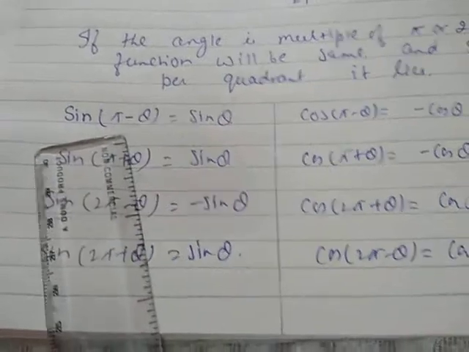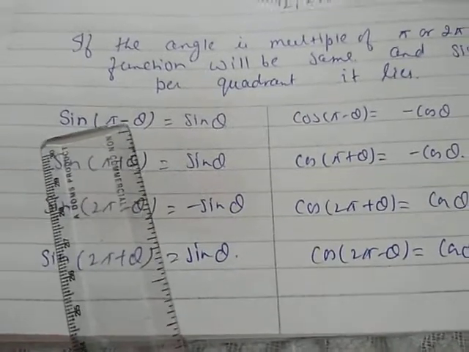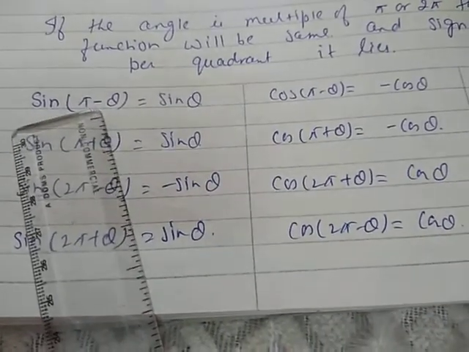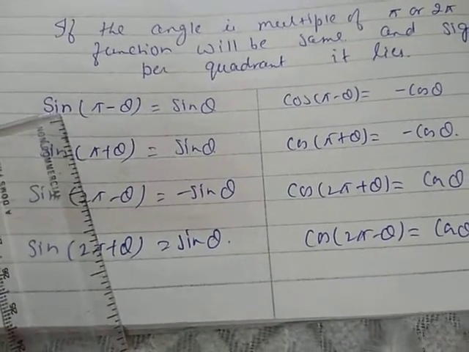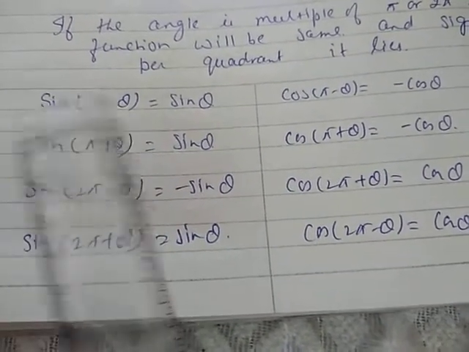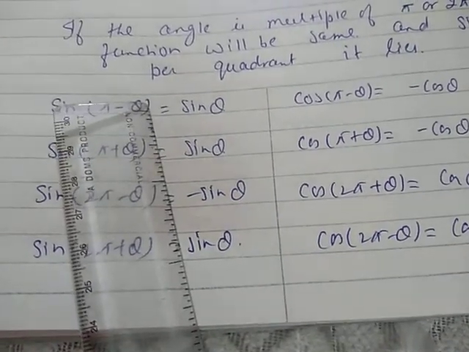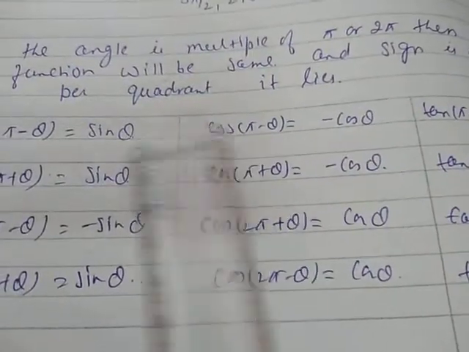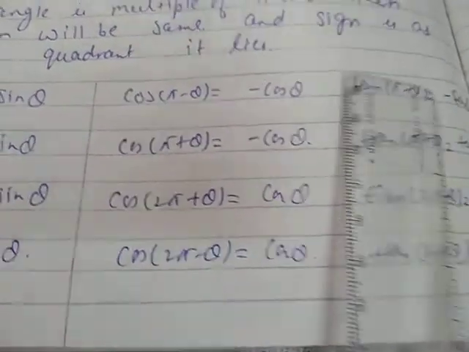If I am taking sin (pi minus theta), pi is 1 times pi, that means it is a multiple of pi, then the function will be the same. What does it mean? The sine function is there, so the result is in the form of sin theta. The same for cos (pi minus theta), again a multiple of pi, so cos theta. And tan (pi minus theta), again it is tan theta.